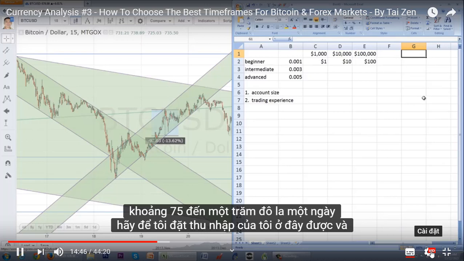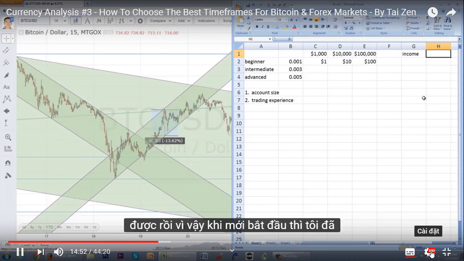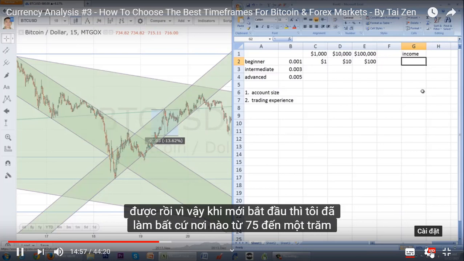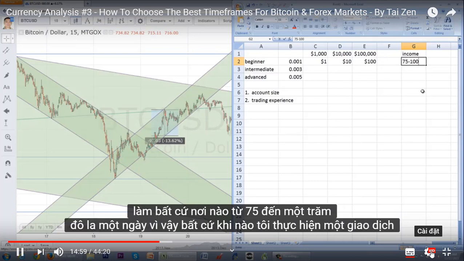Let me just put my income here. So as a beginner back then, I was making anywhere between $75 to $100 a day.